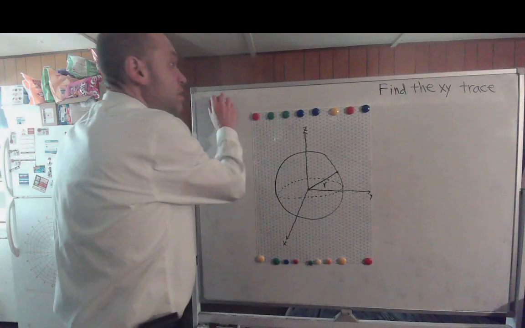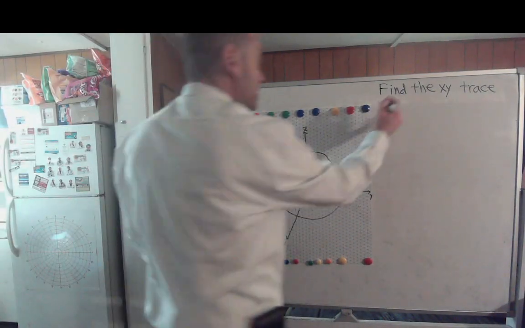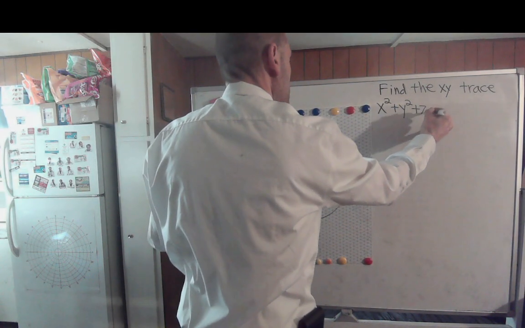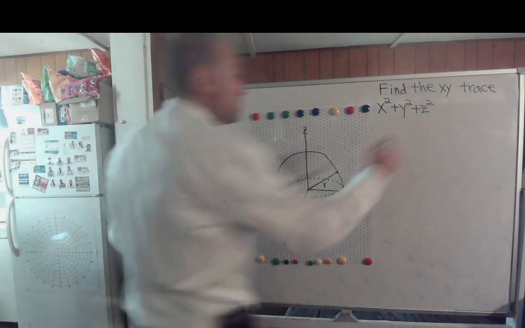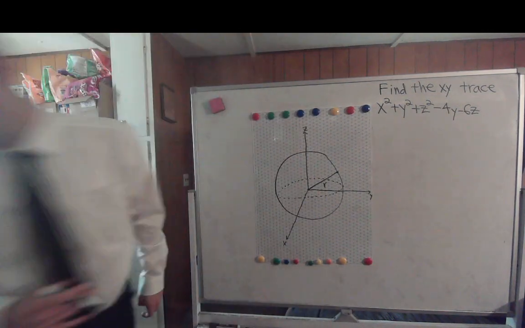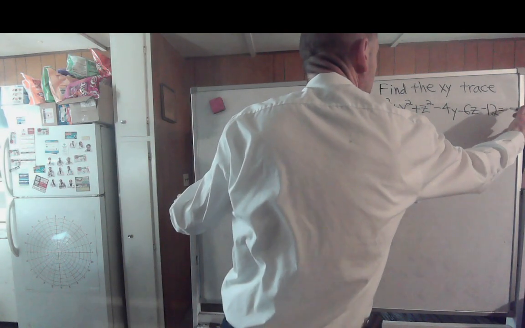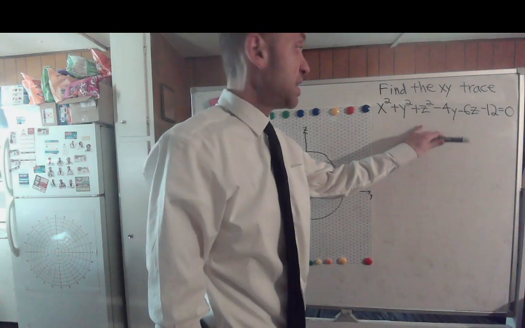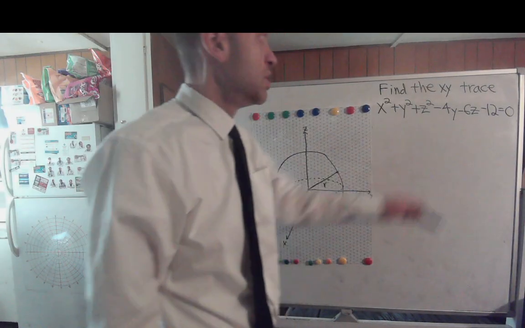So we're going to take this sphere, x² + y² + z² − 4y − 6z − 12 = 0. Here's the standard form of the equation of a sphere: x² + y² + z² − 4y − 6z − 12 = 0.